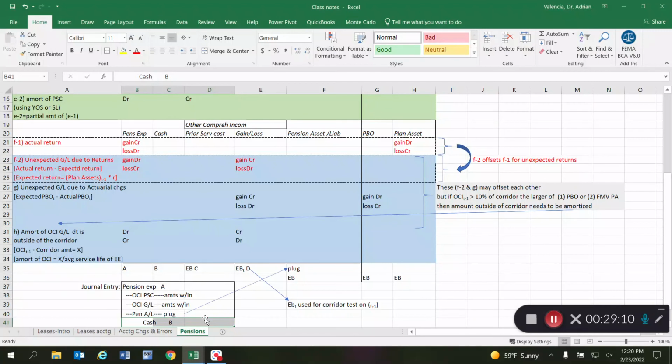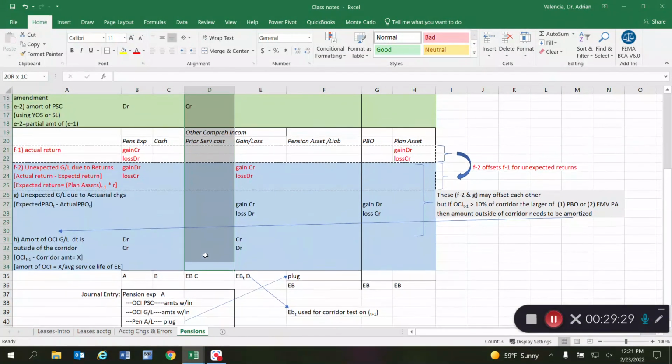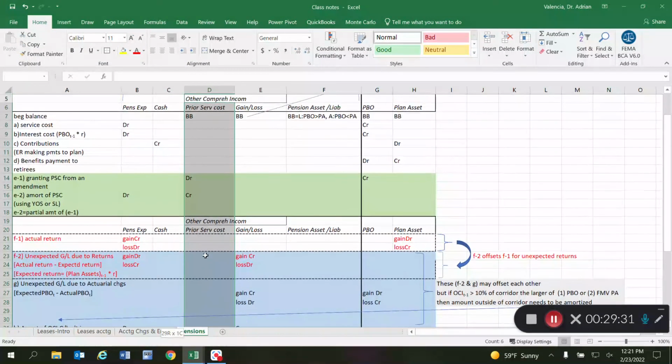Now, for OCI prior service costs and OCI gains and losses, I write in here a little note that says use the amounts within. So this is not the C amount, and the D amount is not what goes in the journal entry. What goes in the journal entry is you'll have to go within. That's what I mean by the amounts within. Whatever amounts are within in the worksheet here, that's what goes in there.